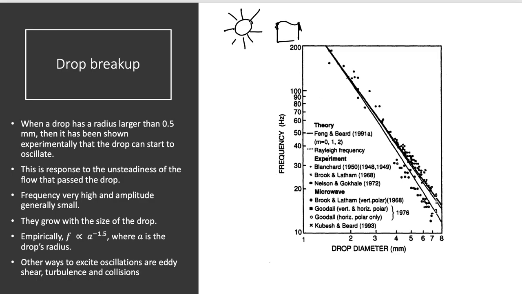If you will, for the droplet, what keeps the droplet surface tight is surface tension, right? Any point is attracted by its neighbors, and the droplet kind of closes on itself. And because of that, you can excite oscillations on the droplet.